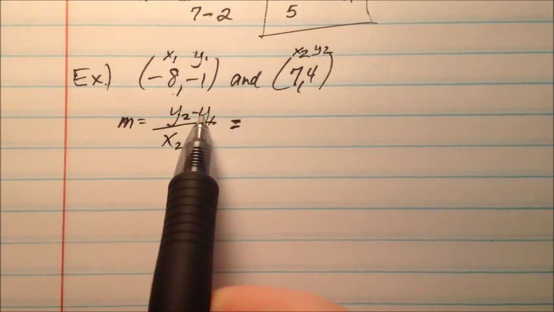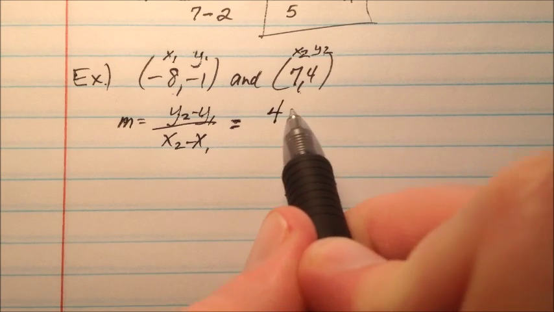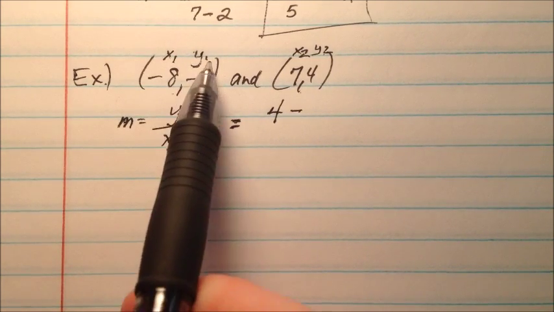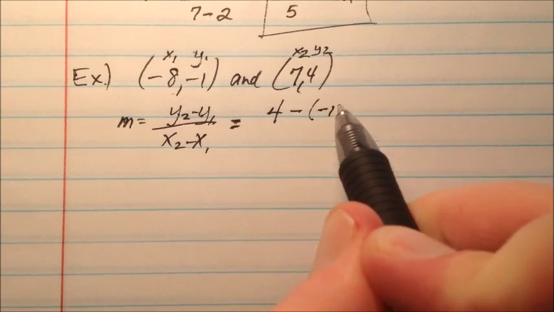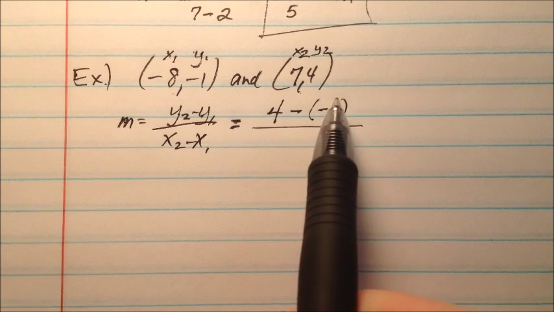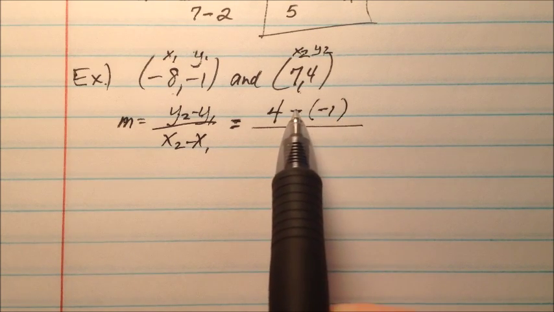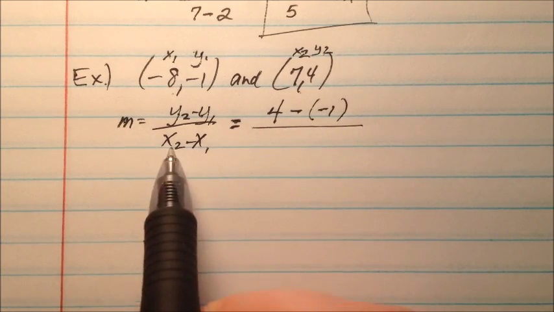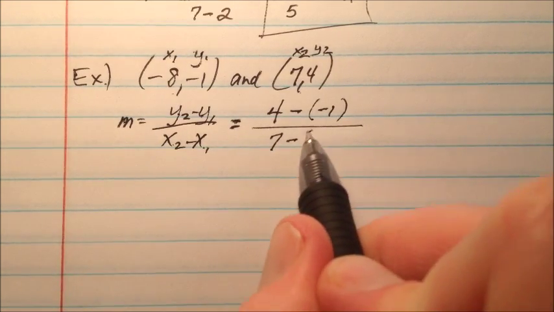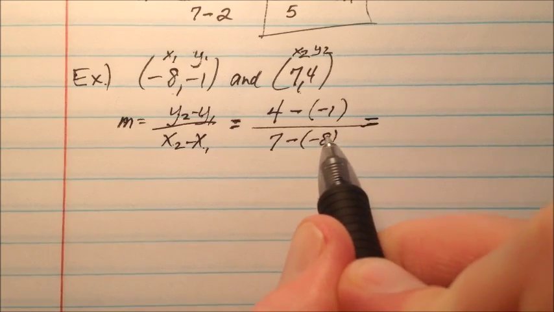So y2 minus y1 will be y2 minus, and you've got to be really careful when you have negatives over here that you're subtracting, because y1 is going to be a -1, so we're going to be minus a negative number. So x2 is 7 minus x1, which is another negative number, like that.